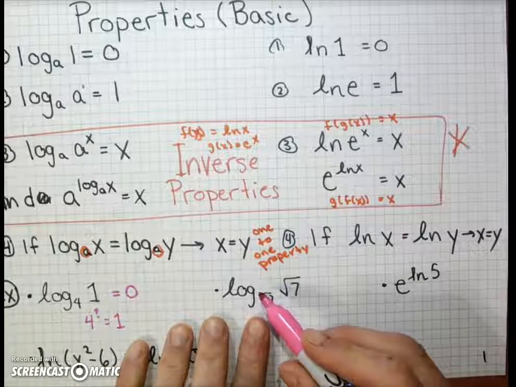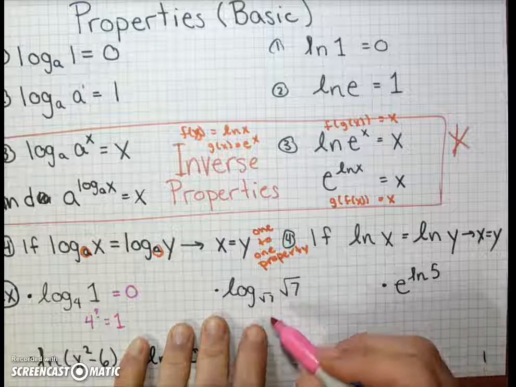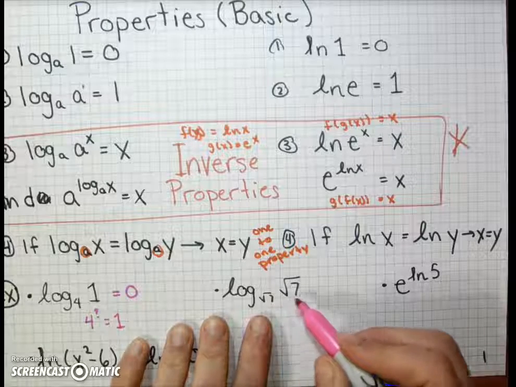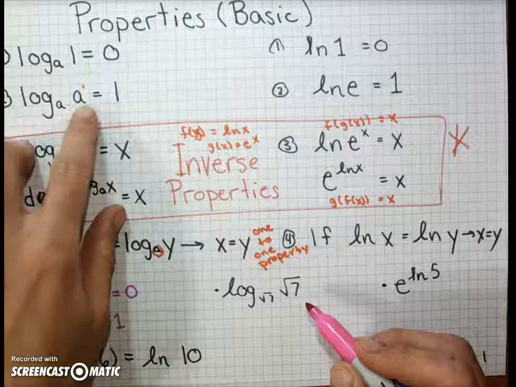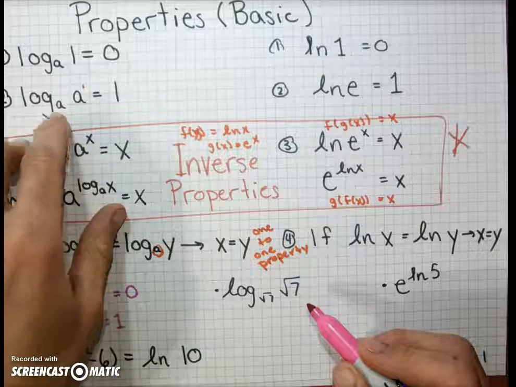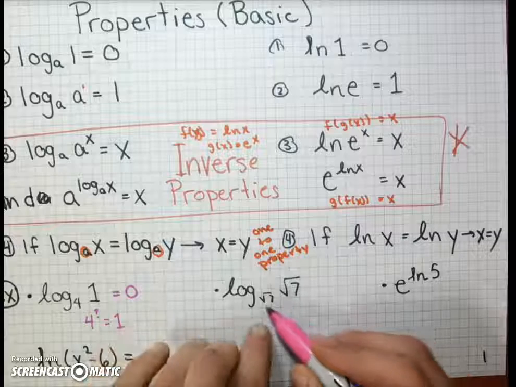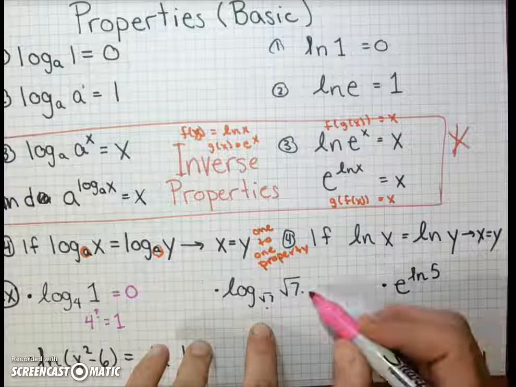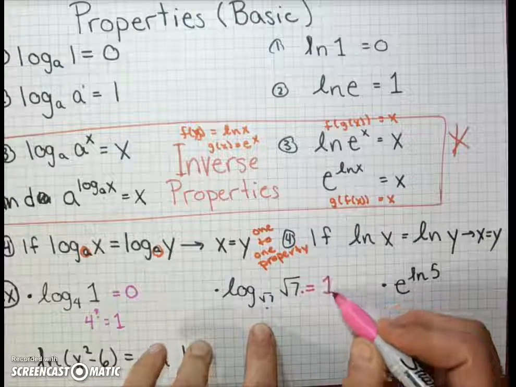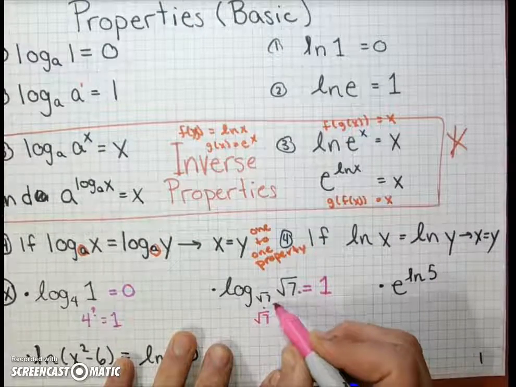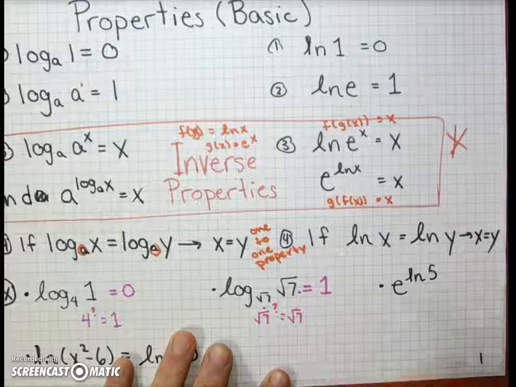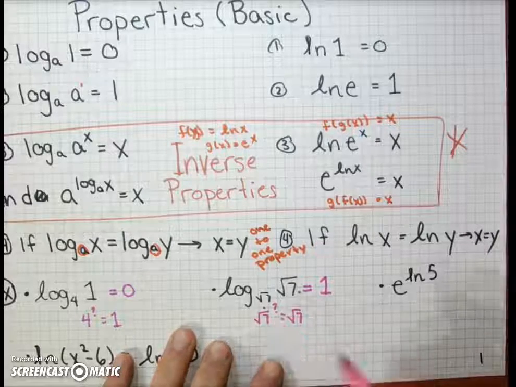Now if I have log of square root of 7, base square root of 7, this is really messy, but if I use this property, log base a of a, the base is the same thing I'm evaluating the log of, I should just get 1. Because what I'm really asking is square root of 7 to the what equals square root of 7. So that question mark is 1.